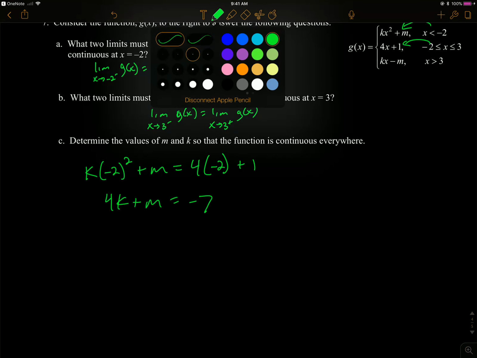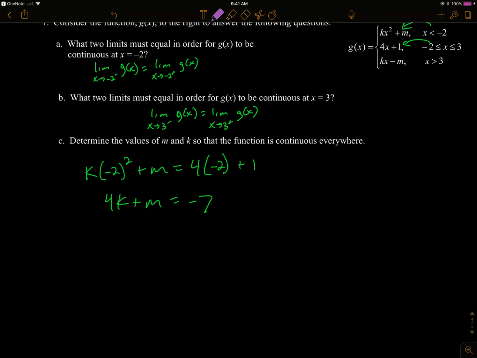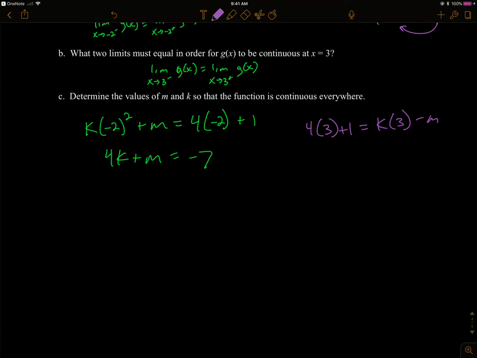And then if I do now the other value for 3, if I do the direct substitution in the middle here, that'll be 3 from the left. This will be 3 from the right. So I get 4 times 3 plus 1 has to be equal to k times 3 minus m. So I get 13 equals 3k minus m.